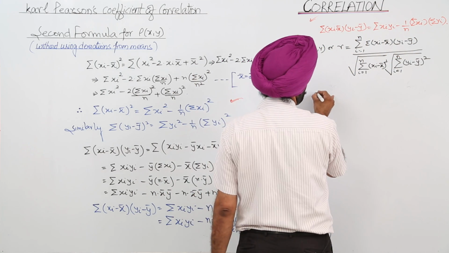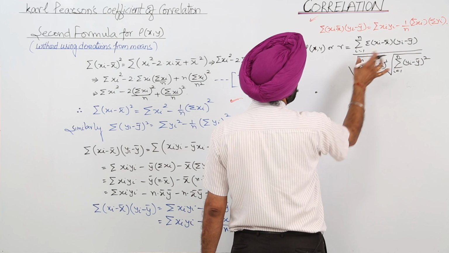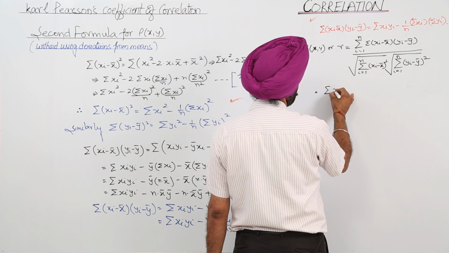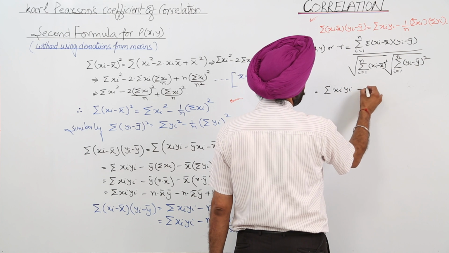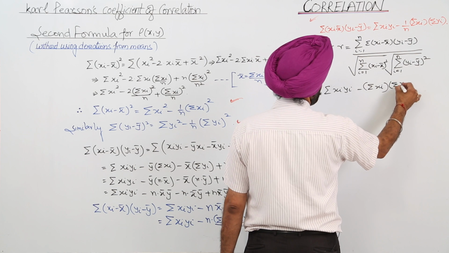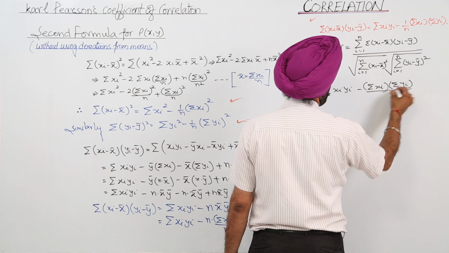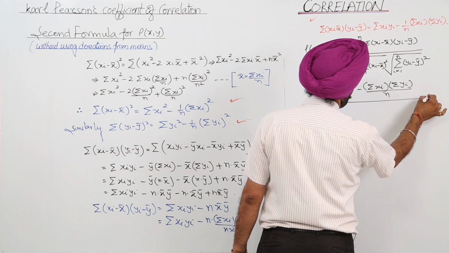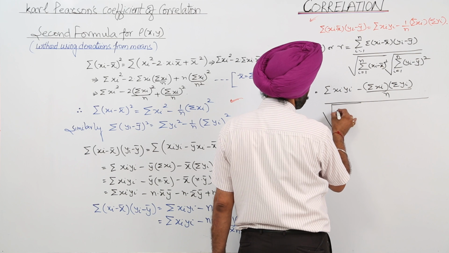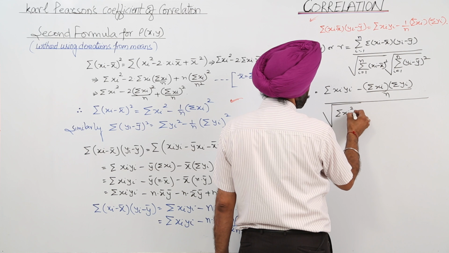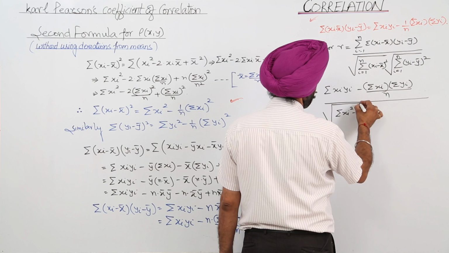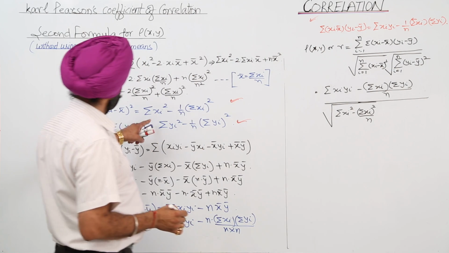Okay, so just substituting these parts, we now have summation xi yi minus summation xi summation yi upon n, over the square root of summation xi square minus (summation xi) whole square upon n, from here, this part.